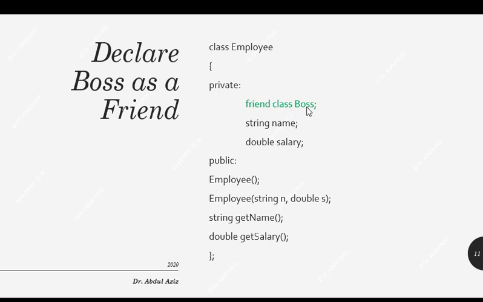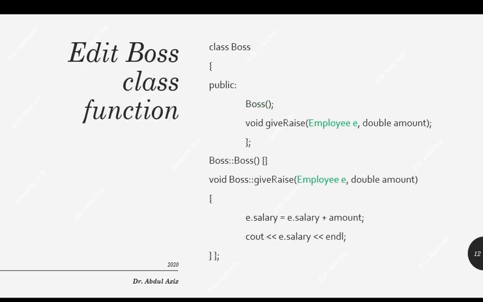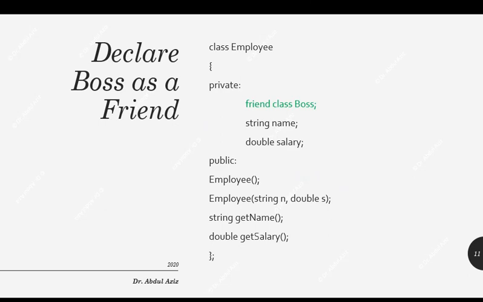Now, because the boss is a friend, it can access data that is stored in the employee class. Okay, we also need to edit the boss class because property number one has been satisfied. That is, we have declared the class as friend, and now we need to satisfy property number two.